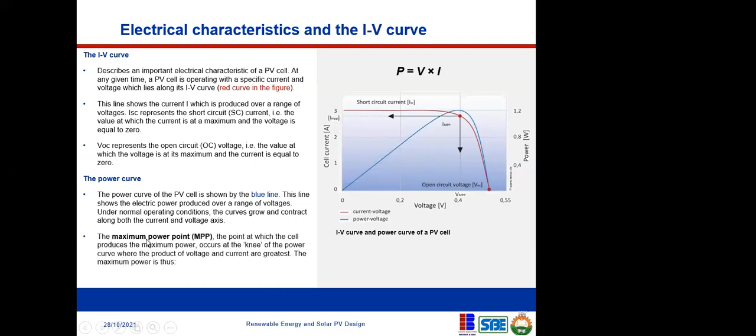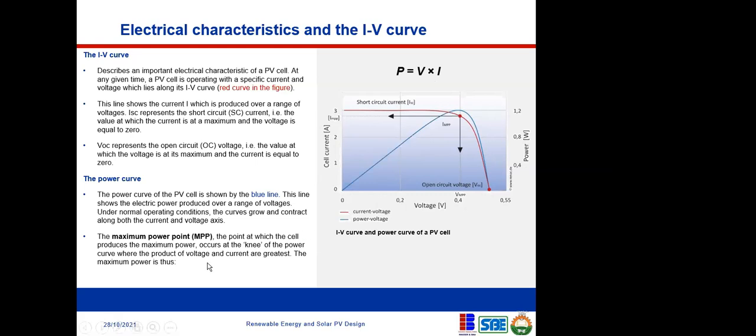Now, the maximum power point, MPP, is the point at which the cell produces the maximum power, and it occurs at the knee of the power curve where the product of voltage and current are greatest. Remember, power is a product of current and voltage. So where this product is greatest, that is the maximum power point.